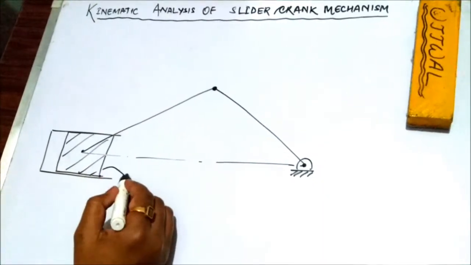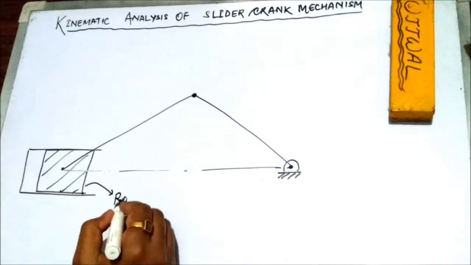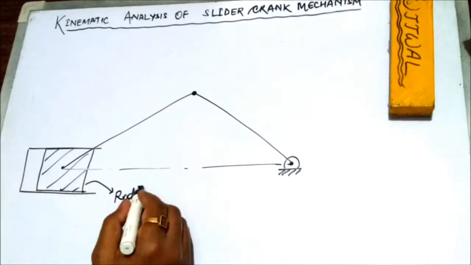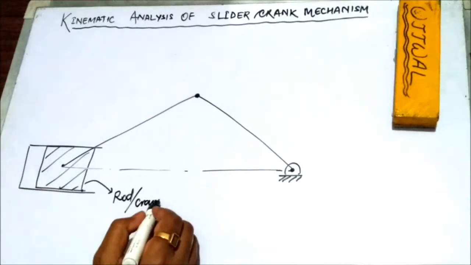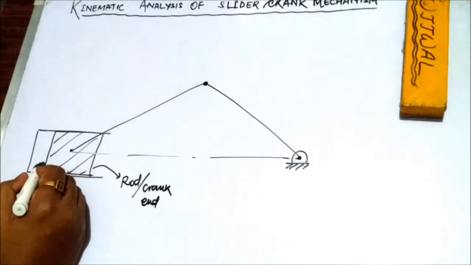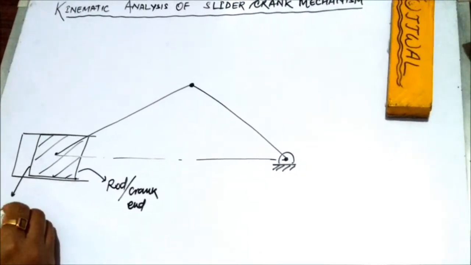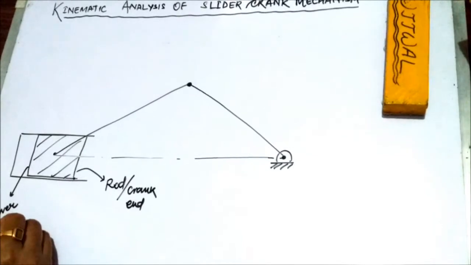This end is known as the crank end, as it is on the crank side, and this one is the cover end.